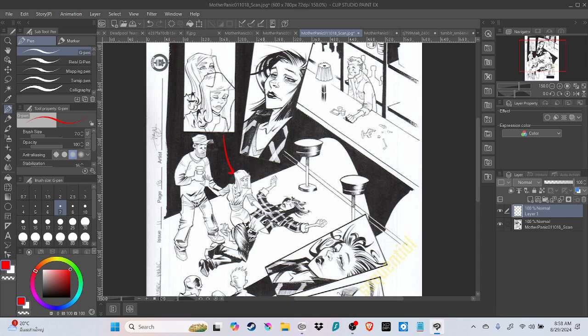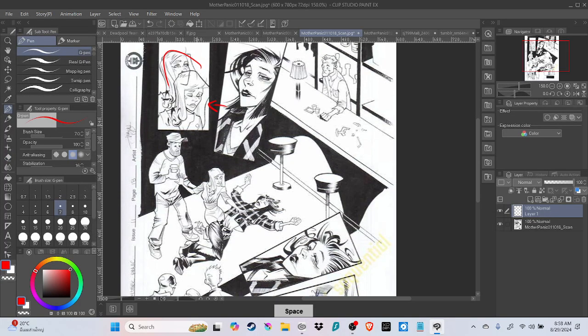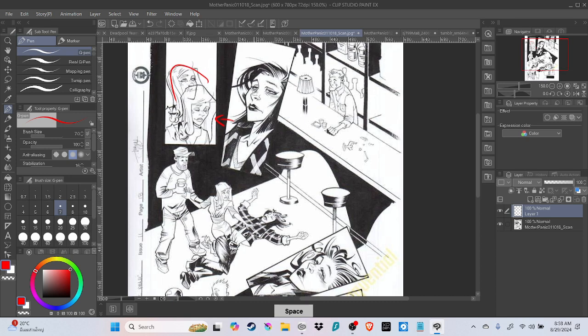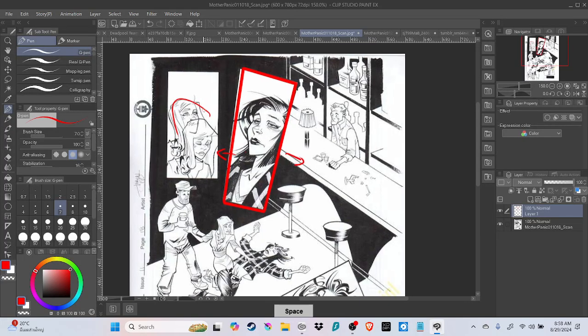So we're seeing from her perspective what she is seeing. So he's keeping the position of the characters in the right position, and we just see that her vision is getting dizzy. She's getting double vision, and then we see that her eyes are closing, but also look at the way that the panel is drawn. The panel is drawn as if it's tipping over, whereas this one is perfectly upright.